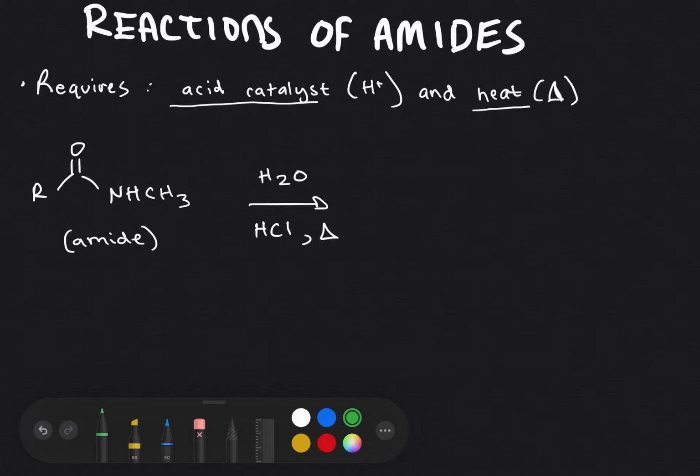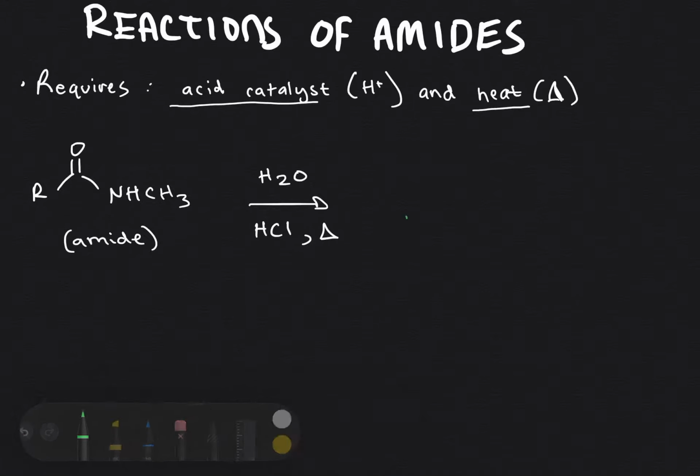Okay, so typically reactions like these, when you're using water, tend to make an OH group at the end of a molecule like this. And in this case, with our other functional groups, this carbonyl carbon here would give us a carboxylic acid.